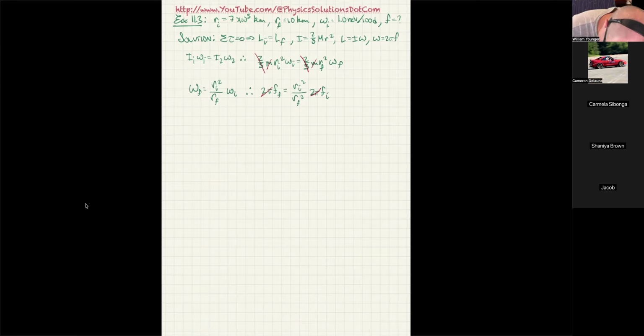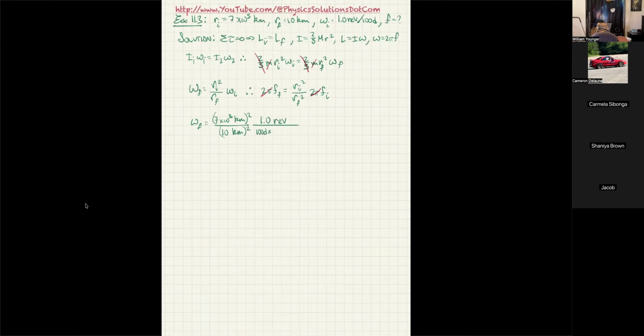So with this in mind, we can go ahead and calculate the final frequency. It is going to be equal to 7 times 10 to the fifth kilometers squared over 10 kilometers squared, and then we're going to multiply that by the 1 revolution per 100 days, so 1.0 revolution per 100 days.